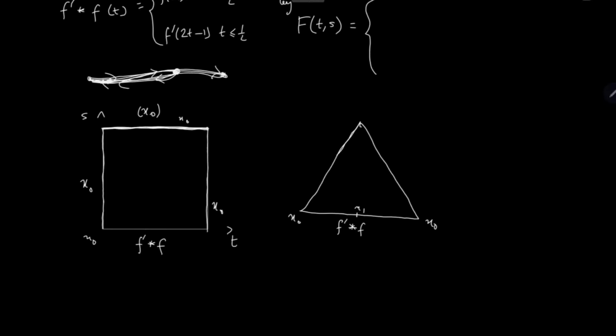Now notice that these two sides also just represent the same point x naught. So what we can do here is identify the top edge corresponding to the constant map.